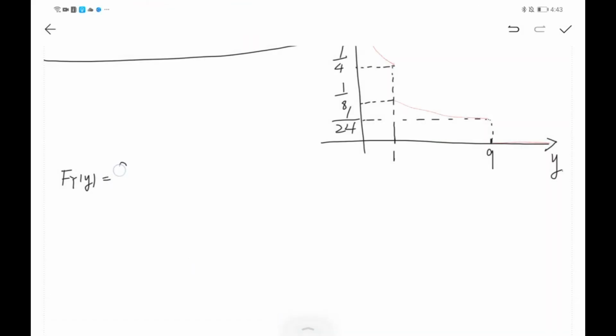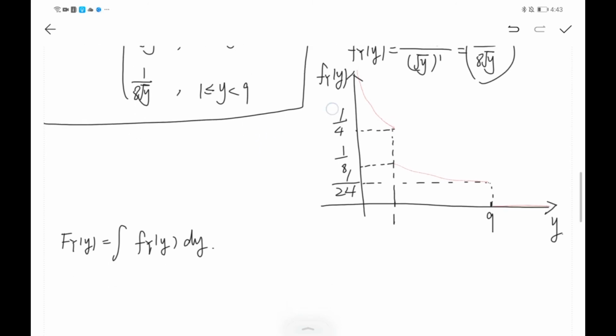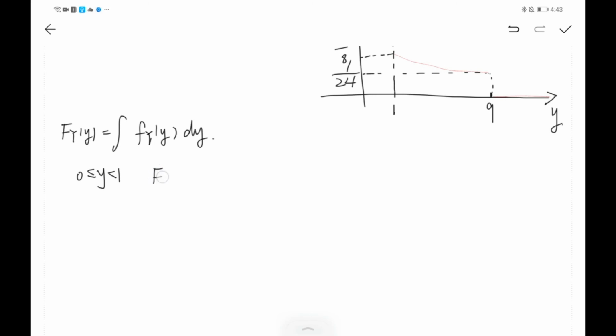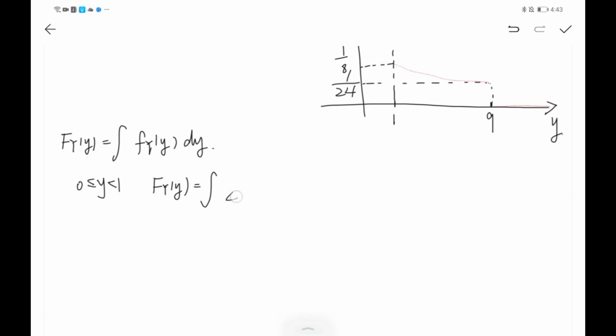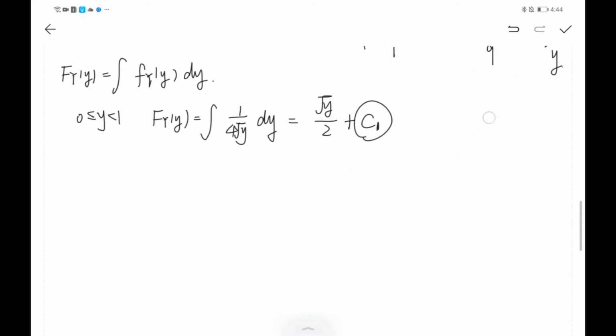It equals the integral of the density, dy, and from 0 to 1, the distribution function equals something plus c, and we should make sure of c1.